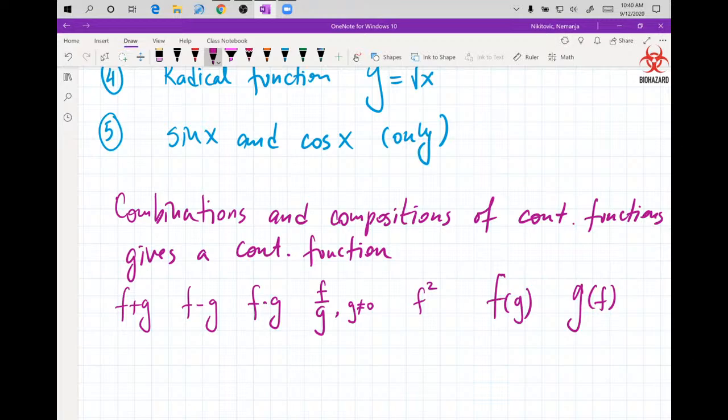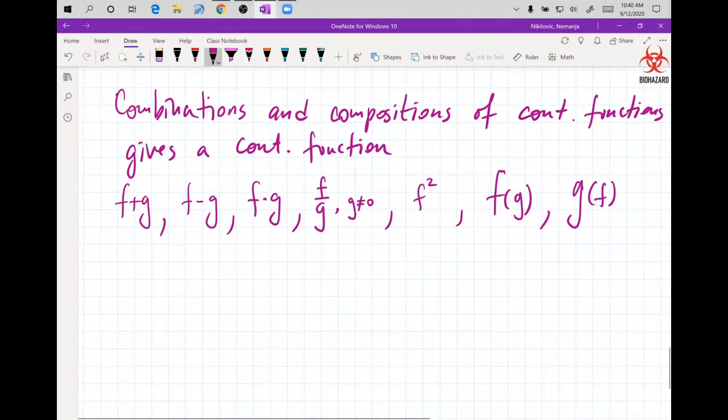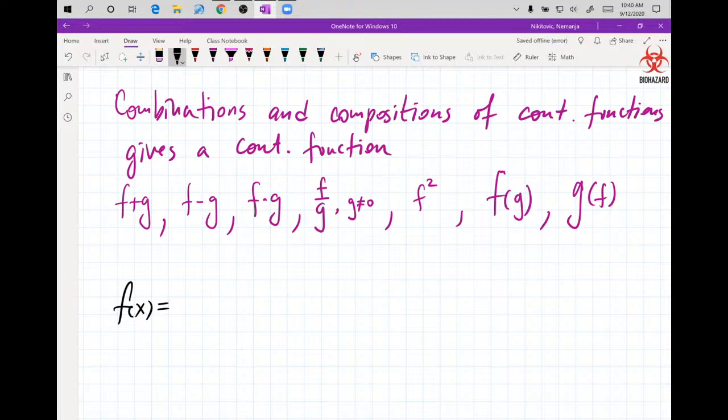So these are your function compositions and combinations. If I have a function f of x equal to sine squared of the square root of, let's go with, e to the 3x, is it continuous?